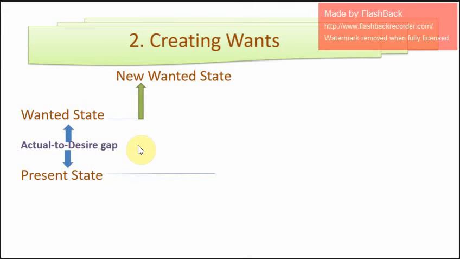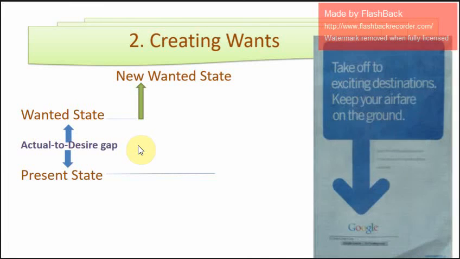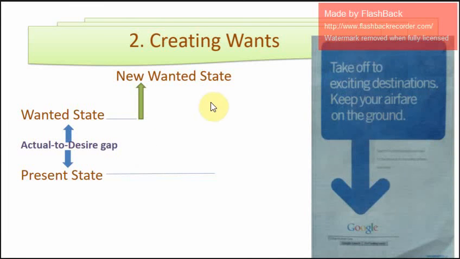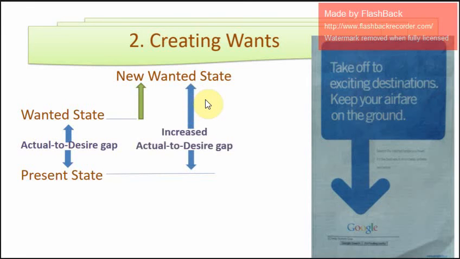Let us take this with another example, Google Flights. In Google Flights, you can go to new destinations without burning a hole in your pockets, and that creates a new wanted state and it increases the actual to desired gap in the minds of the consumer.